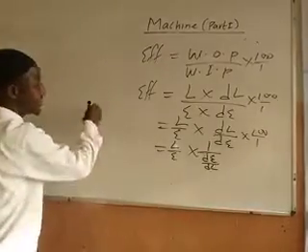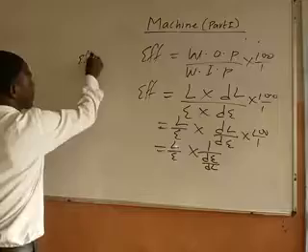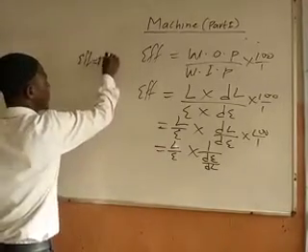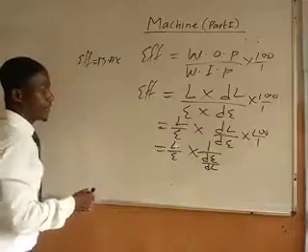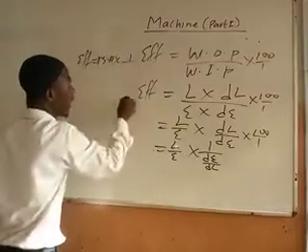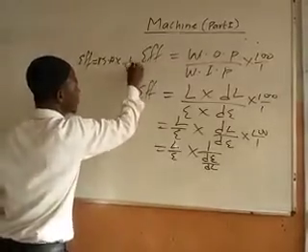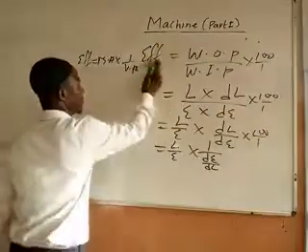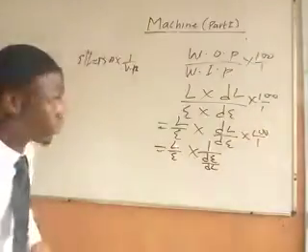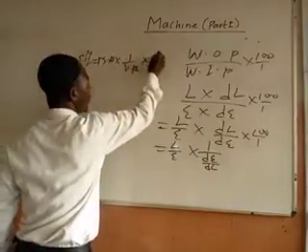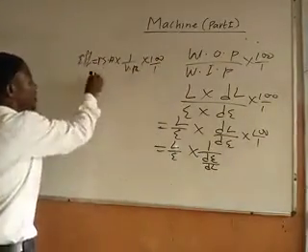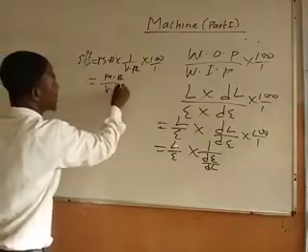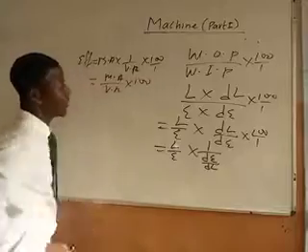Therefore, efficiency of machine is equal to, this is mechanical advantage, multiplied by 1 over velocity ratio. Don't forget to multiply by 100 over 1. So this will give us mechanical advantage over velocity ratio times 100 over 1.